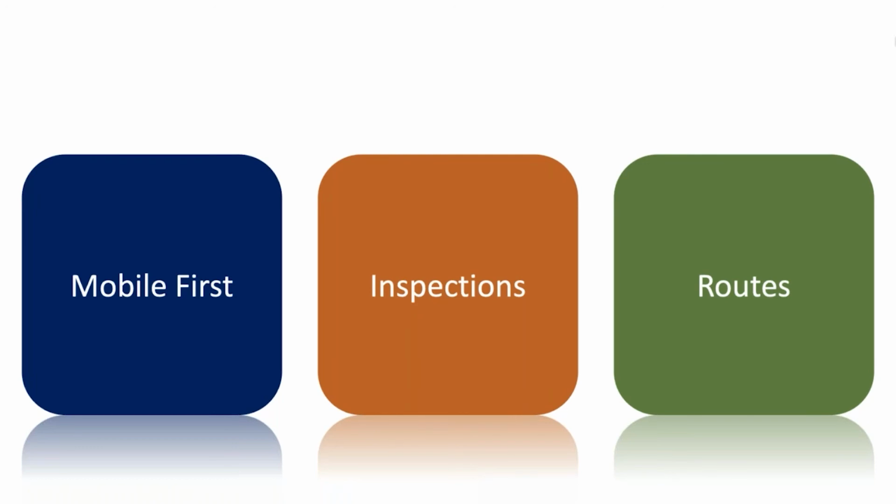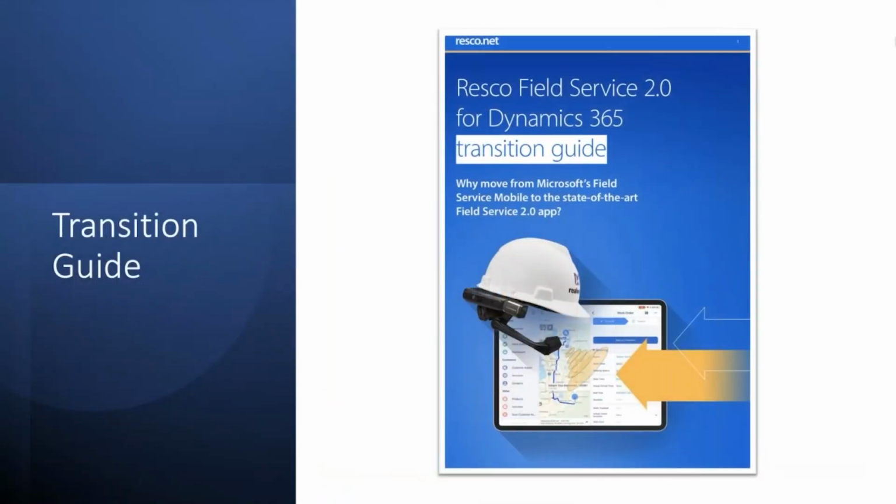So we put all of that together: mobile first with a strong focus on offline capabilities and that unique experience on small screens, inspections as a functionality to create new types of forms for quick data collection or instruction type of experience, and routes for those organizations who spend a lot of time on the roads.